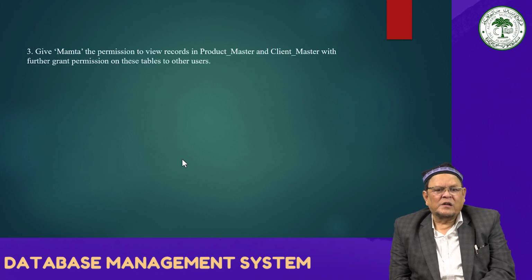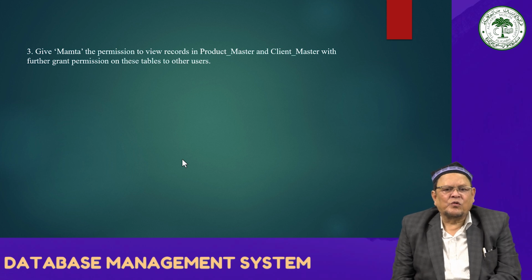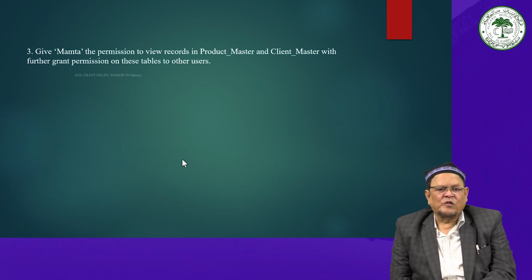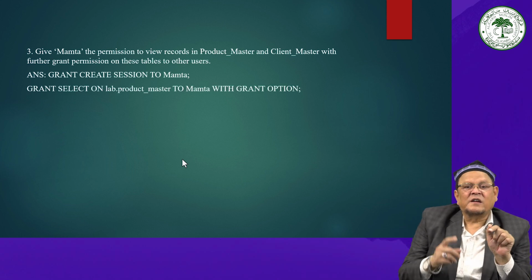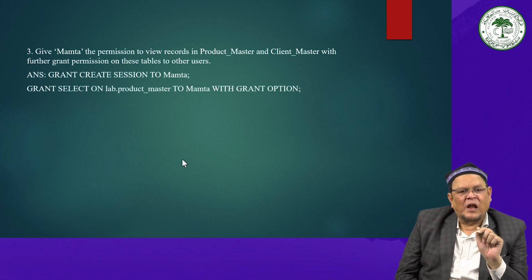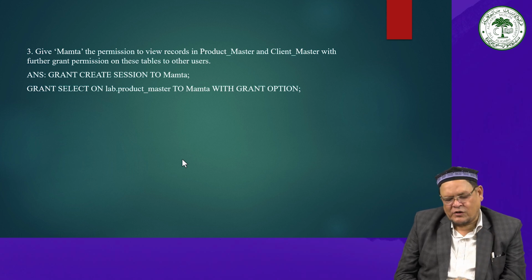Give Mamta the permission to view records in product master and client master, with further grant permission on these tables to other users. How will you solve? Grant create session to Mamta. Then you have to write grant select on lab.product_master to Mamta with grant option.